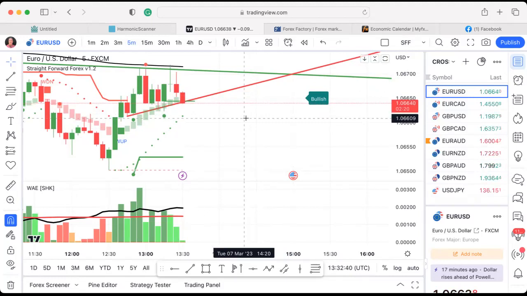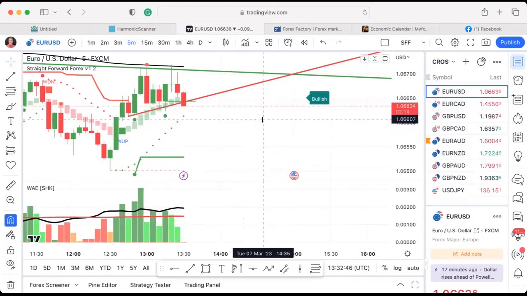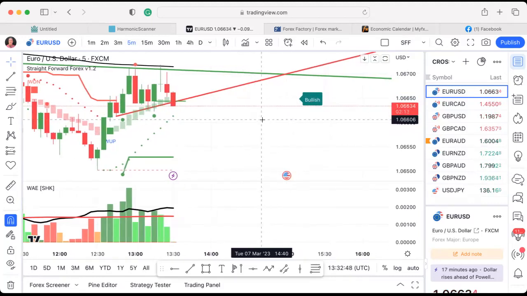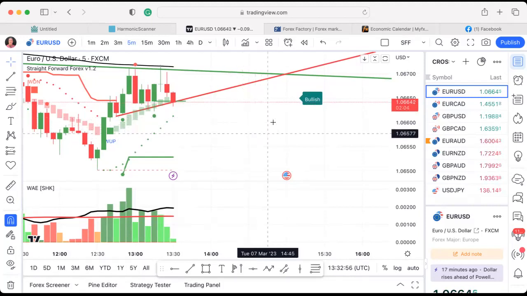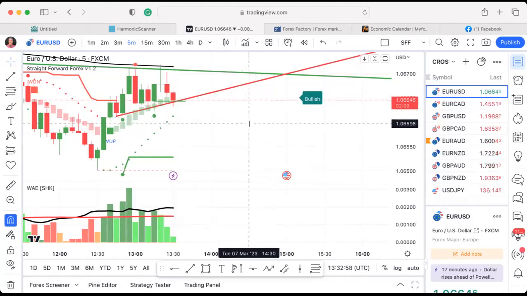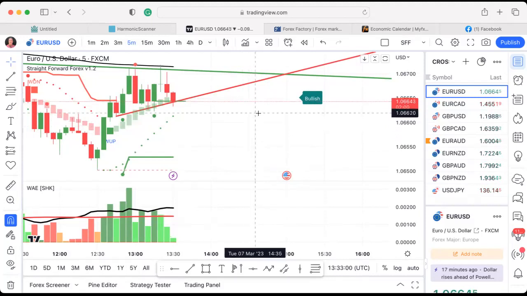Yeah, I do believe that 8-cap are having some issues, but that's outside my control, outside my remit. But I feel safer using FXCM. I'm using the same as you, Richard.